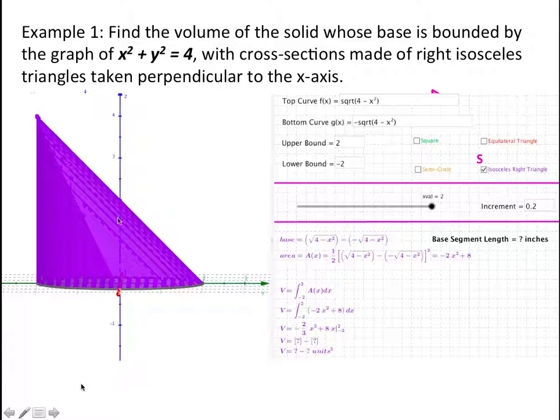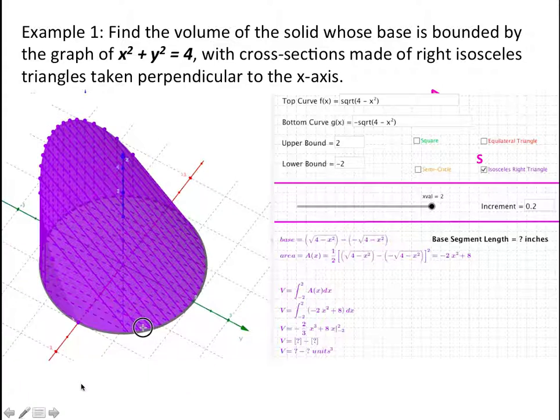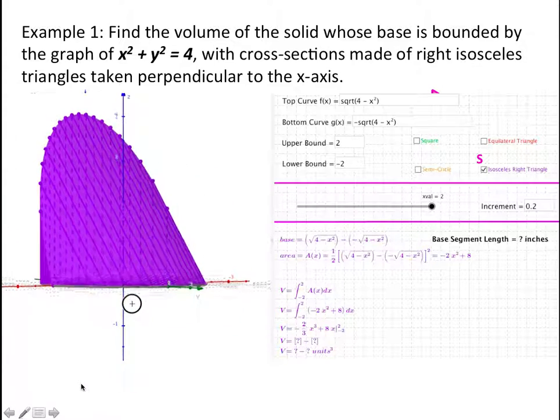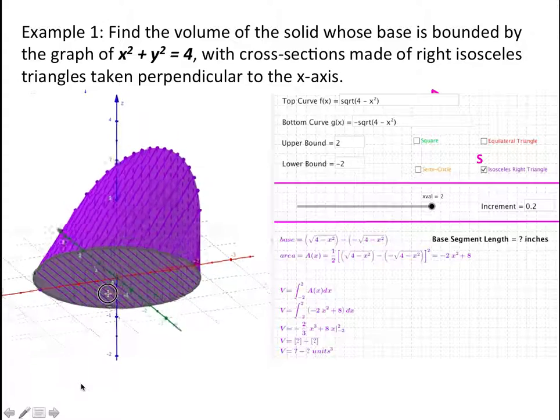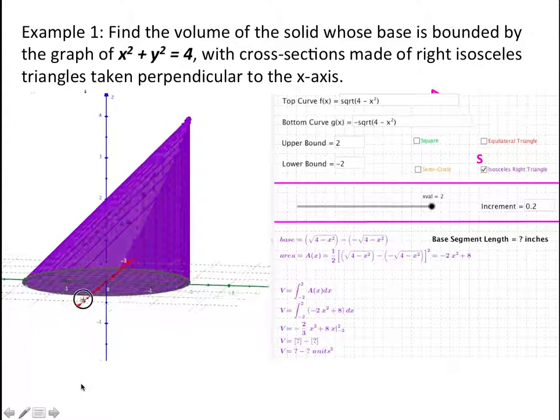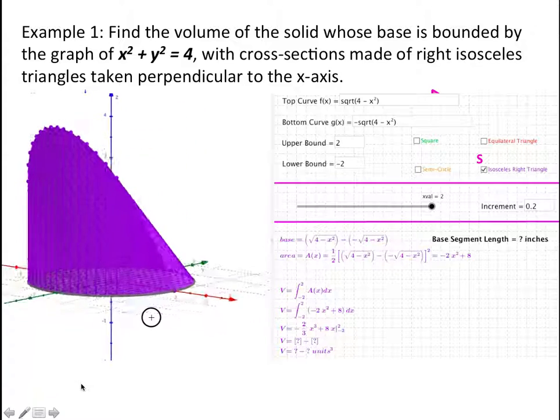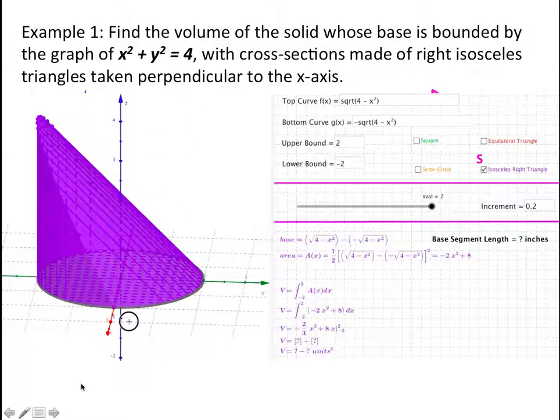And this side here is the hypotenuse. It is also curved because it's following the curve of the circle. So you can see that those are 2 curved surfaces. The bottom is flat, of course, it's just a circle. And we have a vertical back, that's the leg, and then we have a sloping side here, that's the hypotenuse. So we get a shape that looks like that.